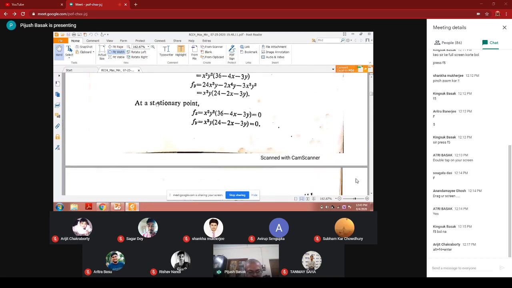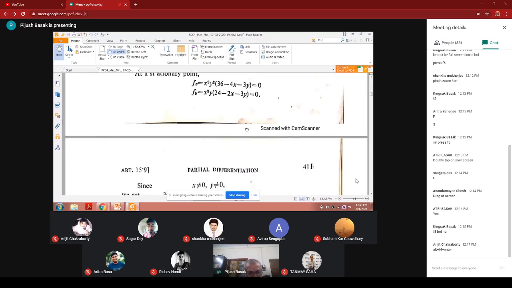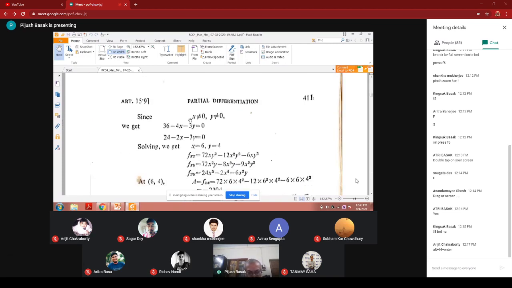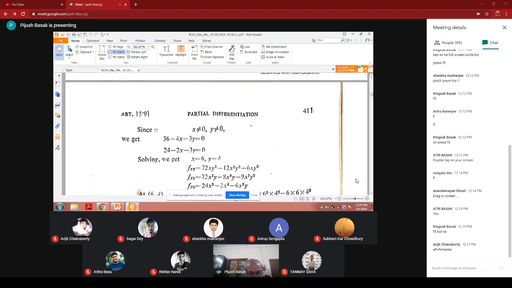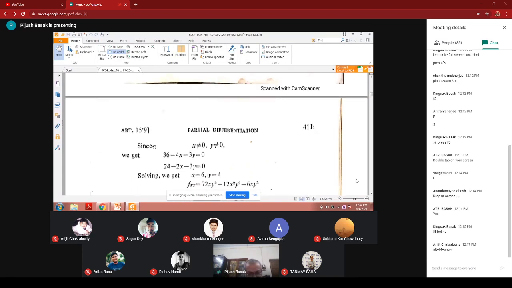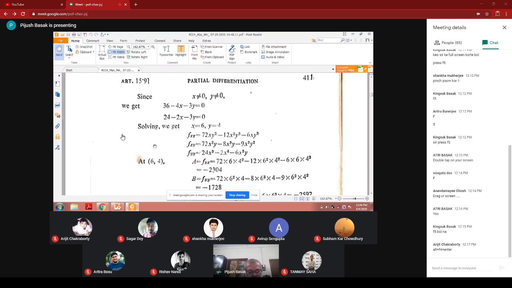At the stationary point, the first partial derivative is 0, the second partial derivative is 0, and this yields the points. Since x is not equal to 0, y is not equal to 0, so you get this one and this one.